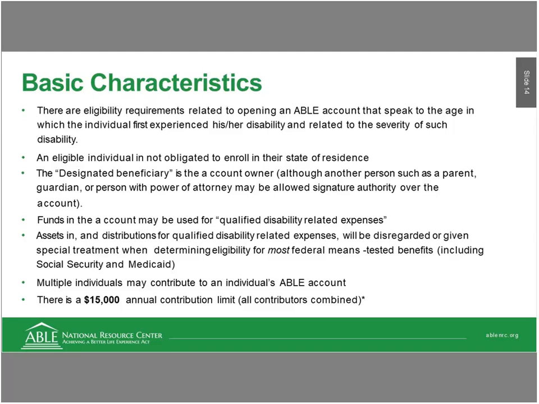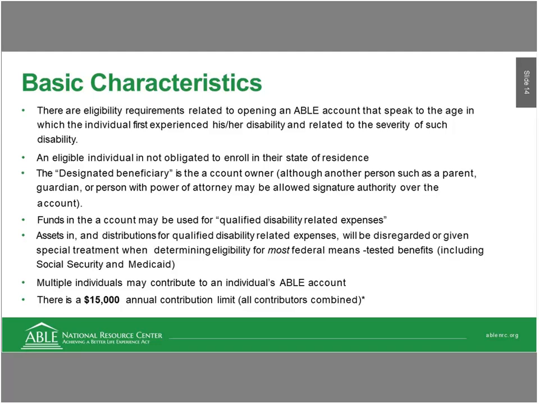Additionally, multiple individuals can contribute into a person's ABLE account, including friends, families, perhaps an employer, and certainly, not to be overlooked, the beneficiary themselves can contribute into their own ABLE account, perhaps as a result of employment or something like that. Currently, there is a $15,000 annual contribution limit into a person's ABLE account. So this means that all contributors combined in any given tax year can only contribute up to $15,000.